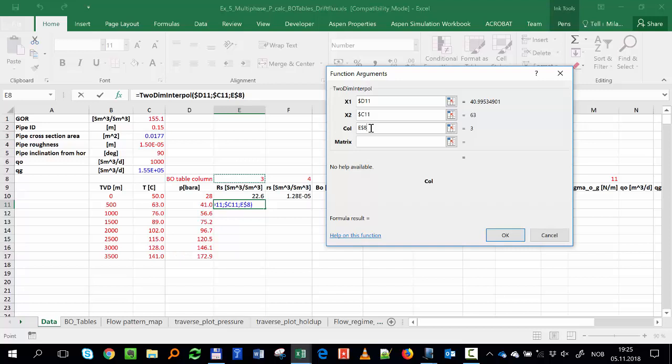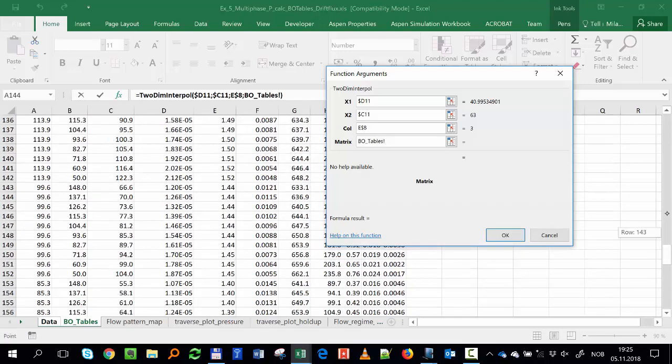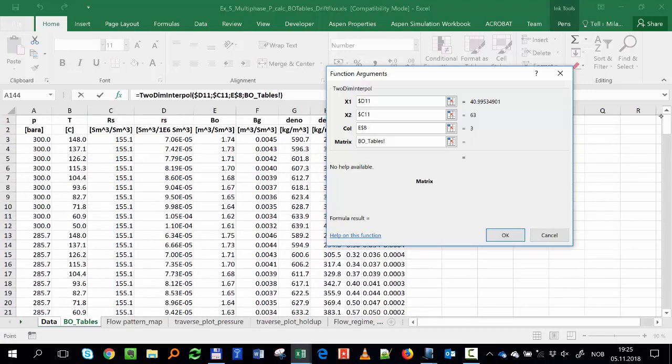Now comes the very tricky part, the matrix. For the matrix, I have to go to this sheet here, and I have to go all the way to the top, select, and you can do it with the mouse. I don't have a mouse, my mouse just failed on me. So I'm going to use a trick.